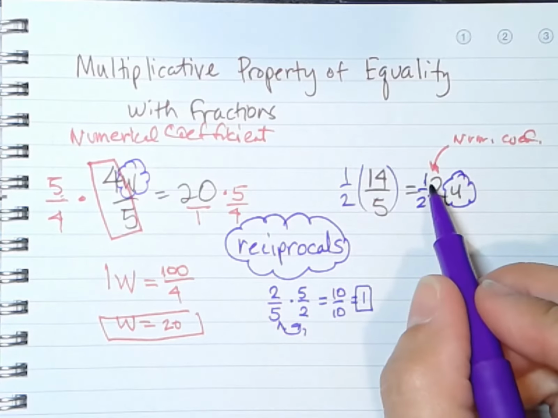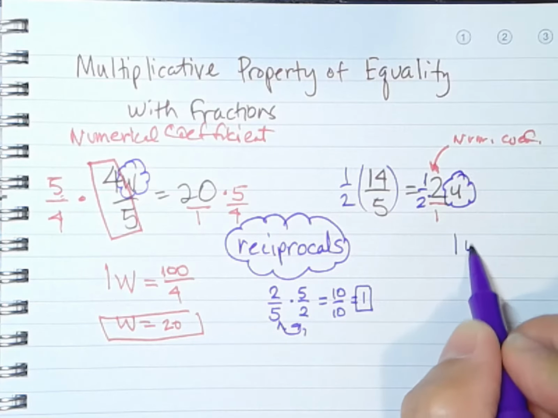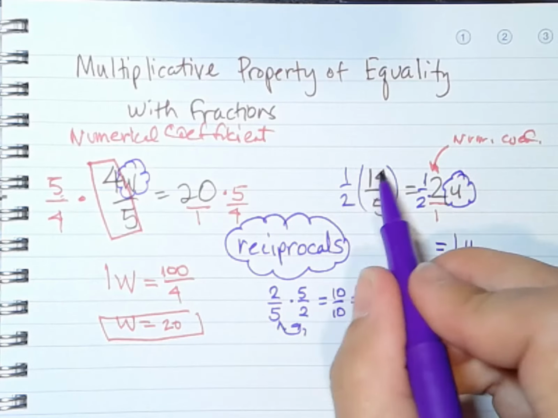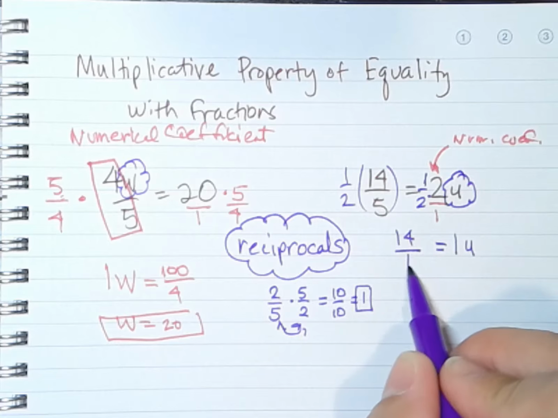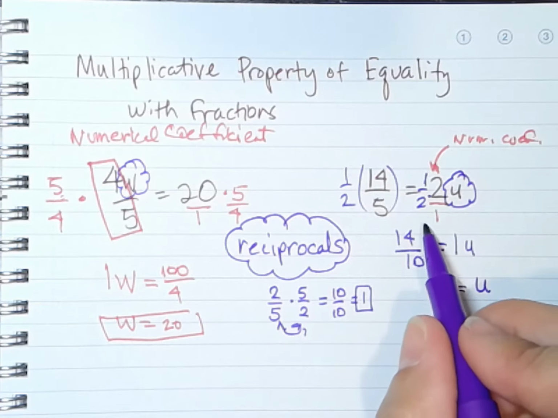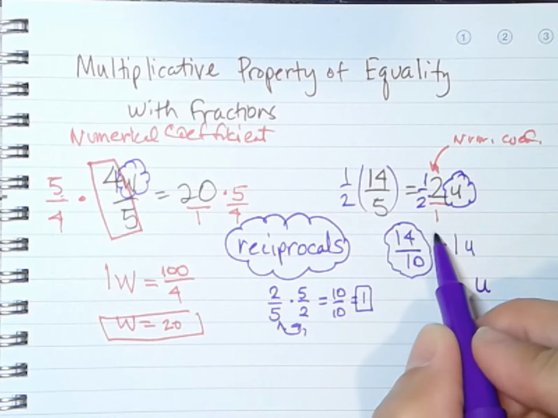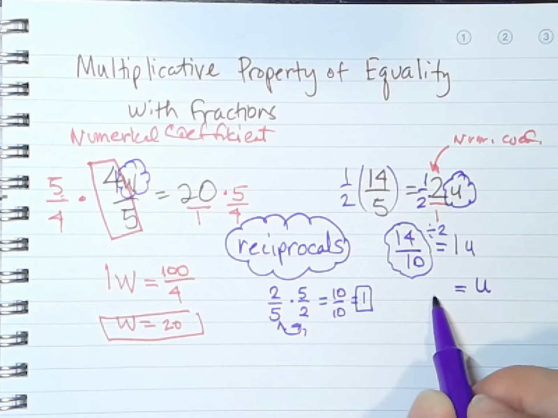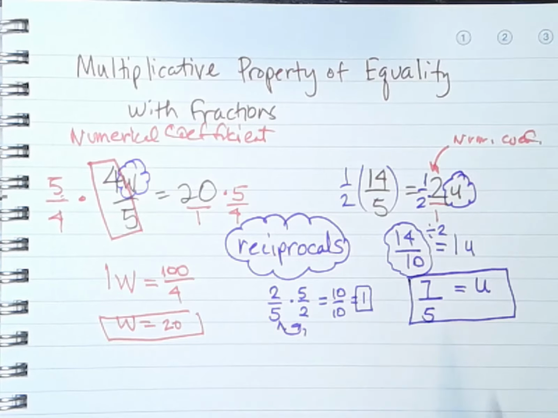And so then that would give me 2/2, and 2/2 is 1. I get 1U, and this would be 14 over 2 times 5, and 2 times 5 is 10, and 1U is U. And then I have to simplify. Remember, we always have to simplify our fractions. I can divide by 2. So 14 divided by 2 is 7, and 10 divided by 2 is 5. So here is the solution to the second equation.